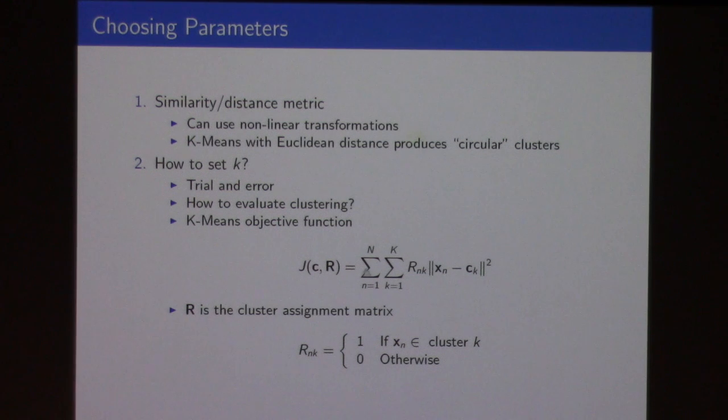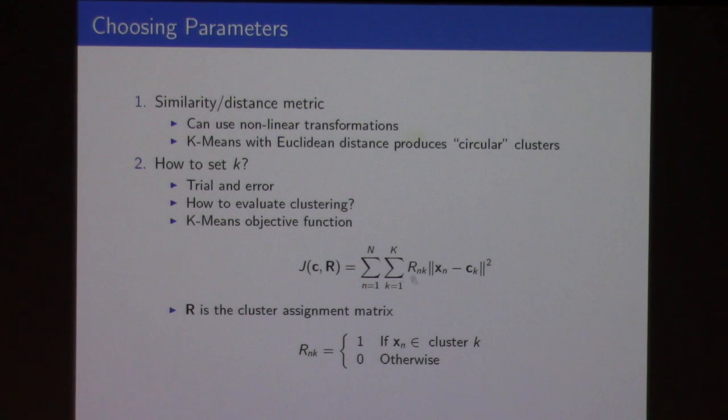But the problem is that first of all, you'll have k unknowns, right? And it's very hard because r_nk also contains c_k, because r_nk tells you which cluster x_n belongs to, right? So this whole thing as a function of c_k is fairly complex to apply any standard mathematical formulation.